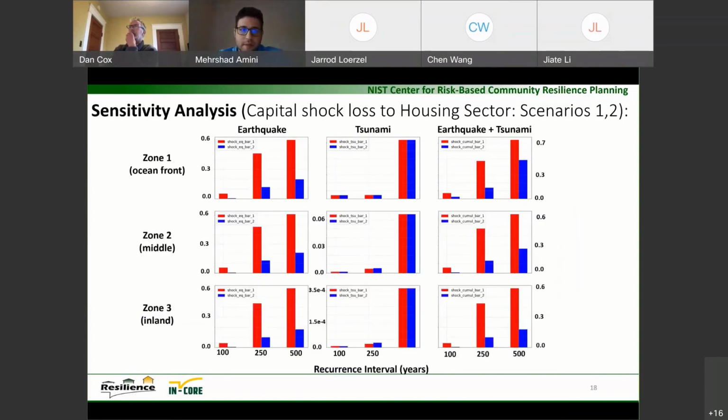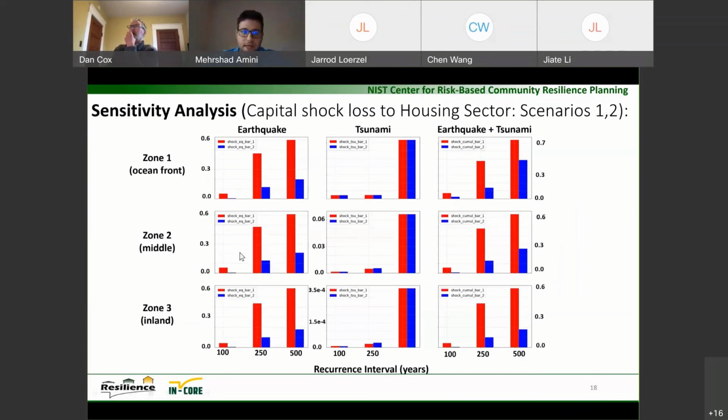This figure shows the capital shock loss to the housing sector for scenarios 1 and 2. The top row is zone 1 oceanfront, then the middle, and the inland. The red is scenario 1, which is damage states 1, 2, and 3 as non-functional, and scenario 2 is just damage states 2 and 3.